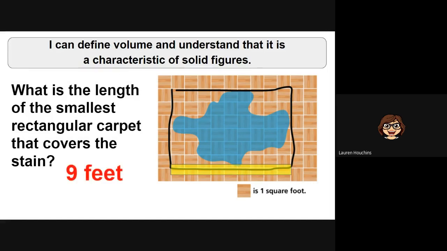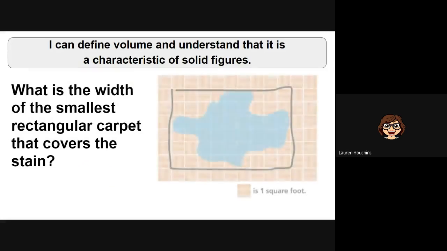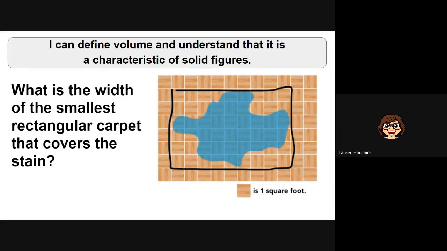The length of the carpet is 9 feet. Okay? What about the width? What is the width of the smallest rectangular carpet that covers the stain? The width is going to be the other side, how wide it is, and that's going to be 6 feet.